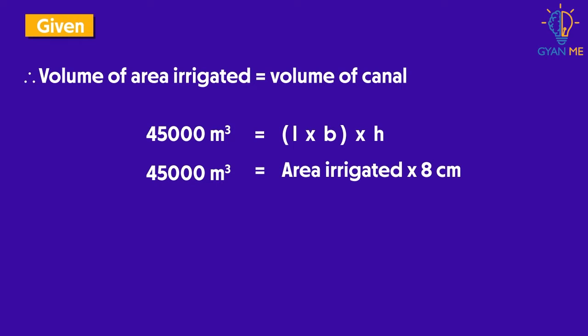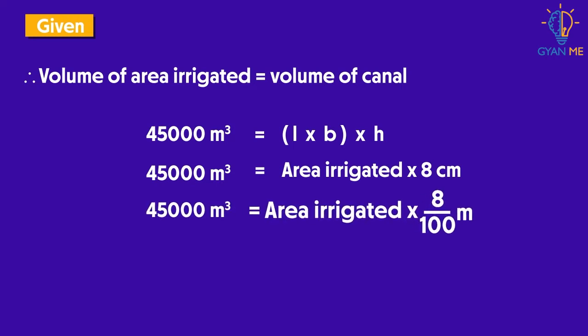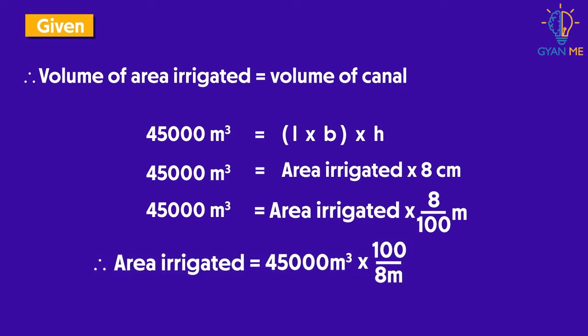On further solving, we get 45,000 is equal to area irrigated into 8 upon 100 meter, as we have converted centimeter into meter. Therefore, area irrigated is equal to 45,000 into 100 upon 8, which gives us the value 562400 meter square. Let's take another example.